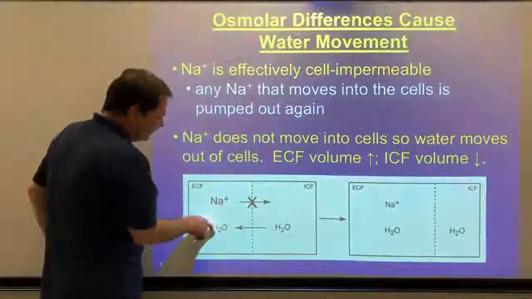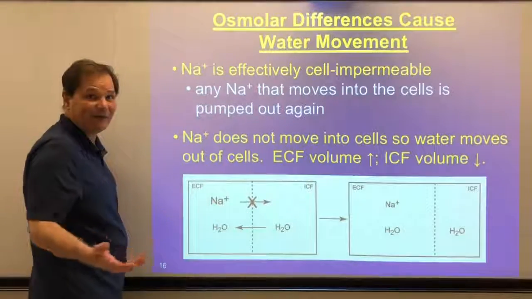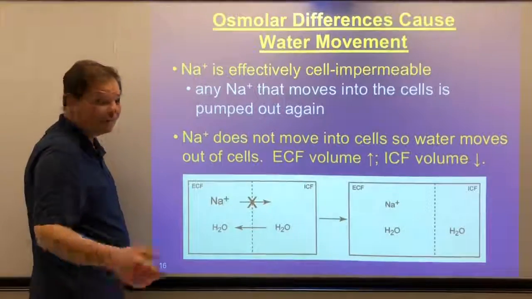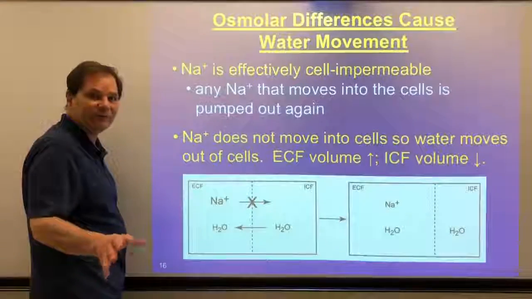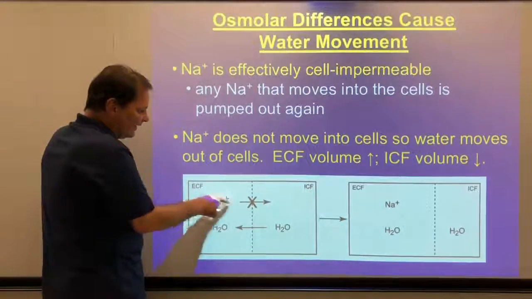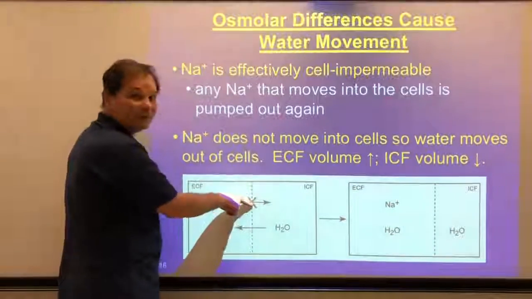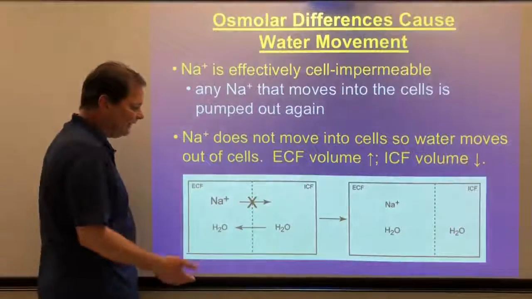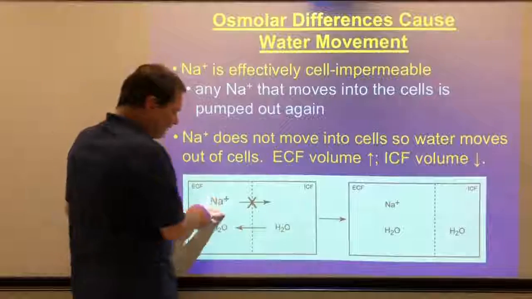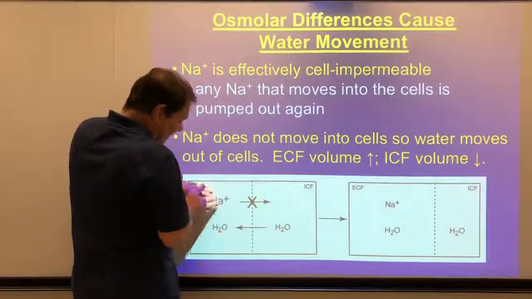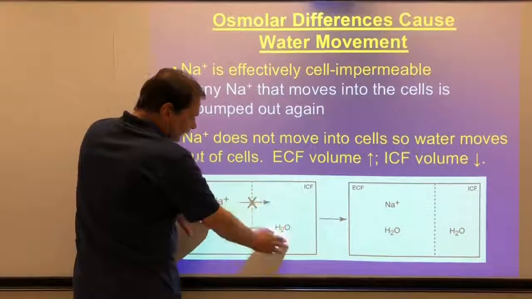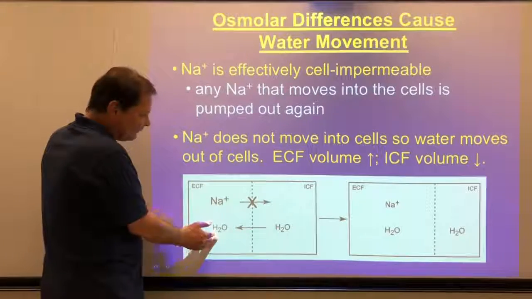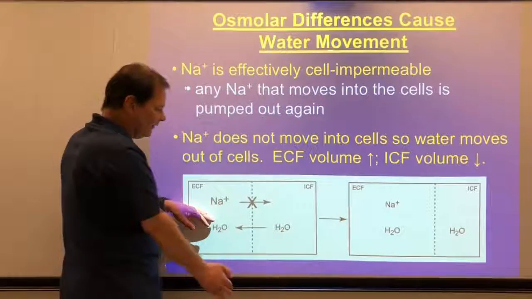Instead, if you add sodium to the extracellular fluid, the plasma, let's say through an IV, sounds medically relevant, that sodium can't get across the membrane. Effectively, it can't get across. The concentration here is maintained. And so, because of that, you have an osmotic gradient. High sodium here, no sodium here, high osmolarity here, lower osmolarity here.